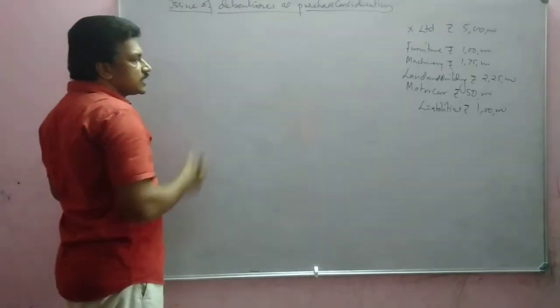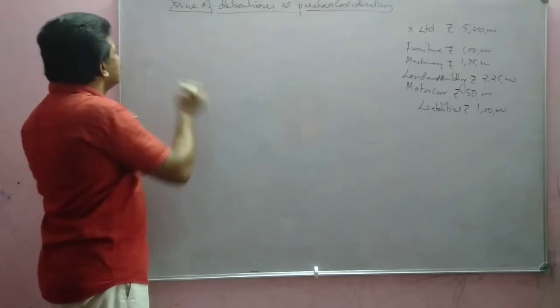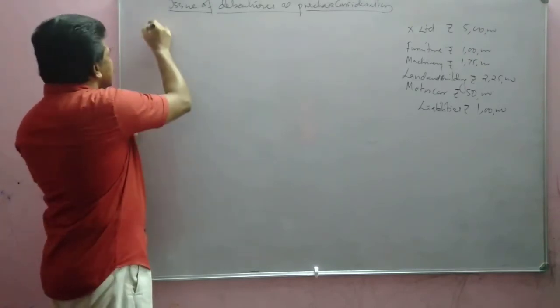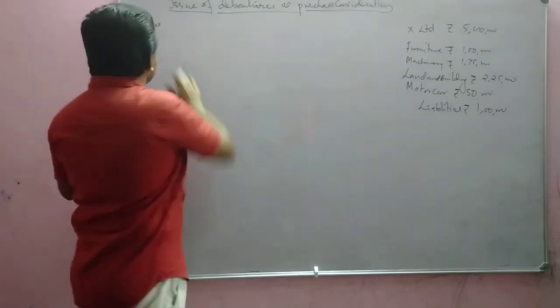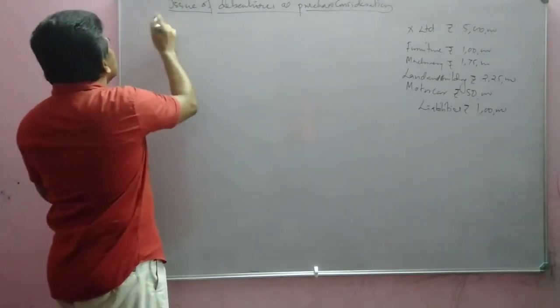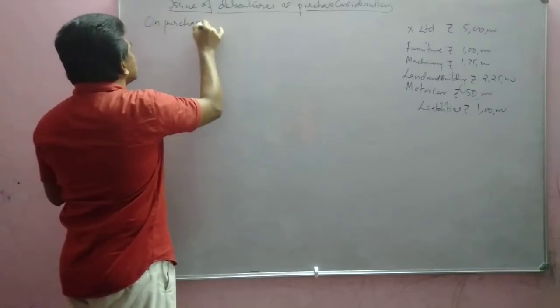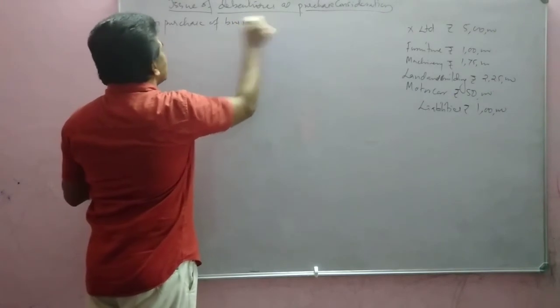So what will be the journal entry for the purchase of the business? We will write here all the assets first. On purchase of business, we will write the journal entry.